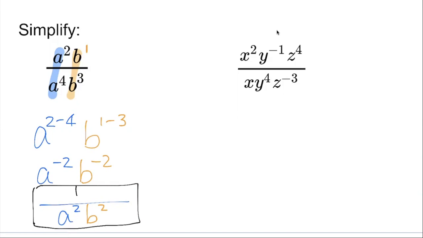Now, next problem here. So again, I'm going to start working on the x. So my x here will be 2 minus 1 because there's actually an imaginary 1 here. That's the exponent for x. And now I'm going to work for y. Let me use a different color here. So the exponent for y will be negative 1 minus 4.